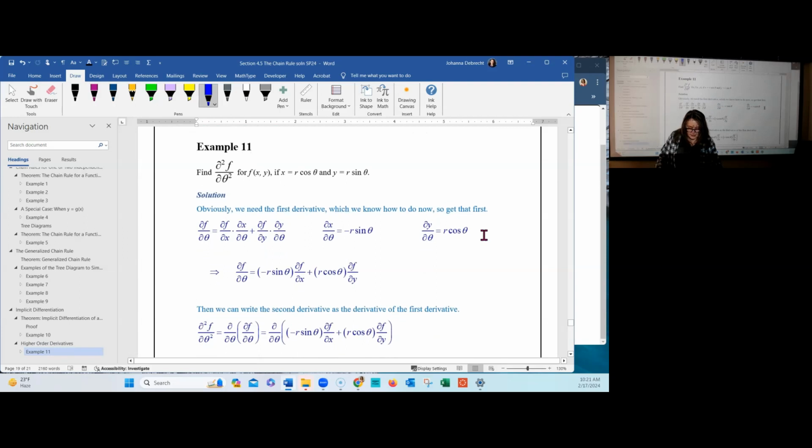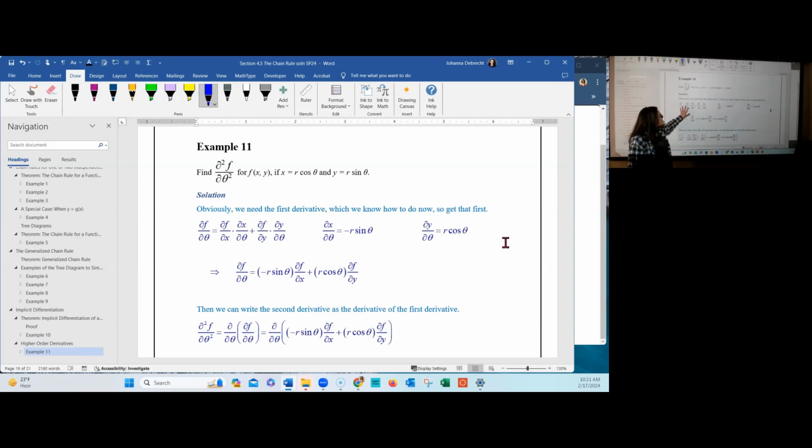In order to find the second partial derivative of the function with respect to theta, we need the first partial derivative of the function with respect to theta. So what we need to do is take the partial of the partial.